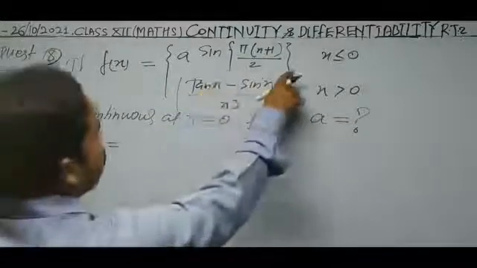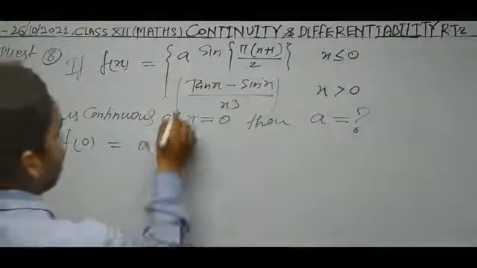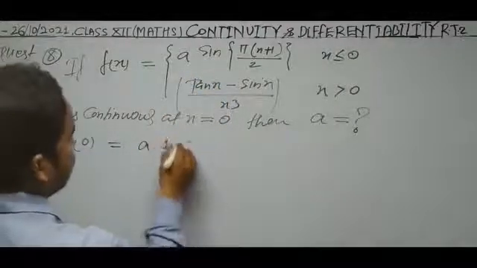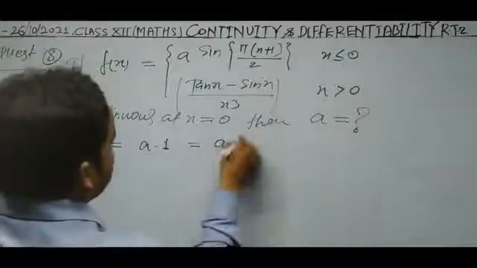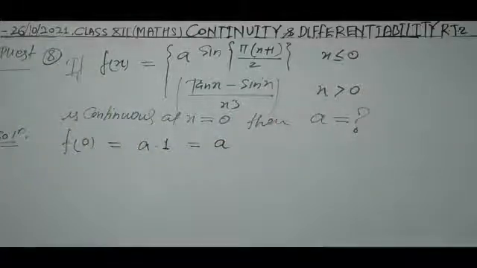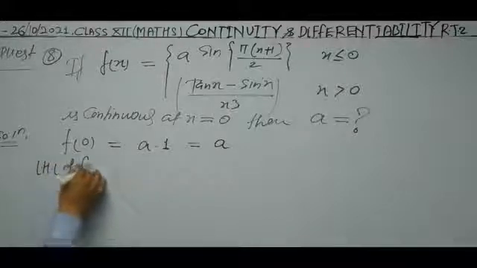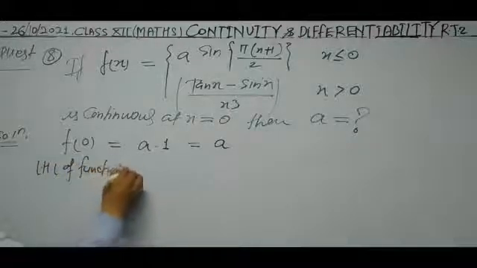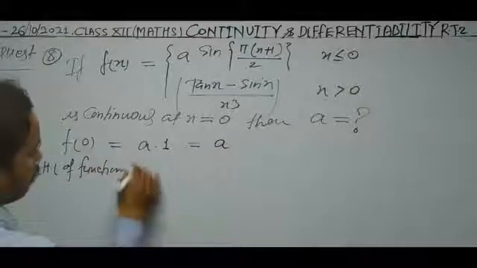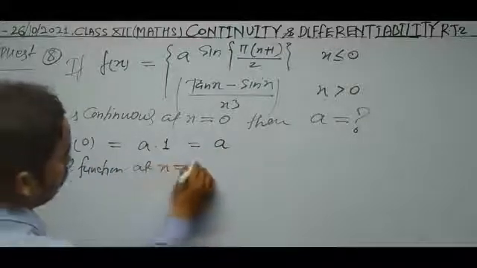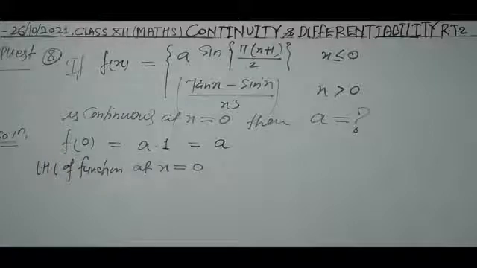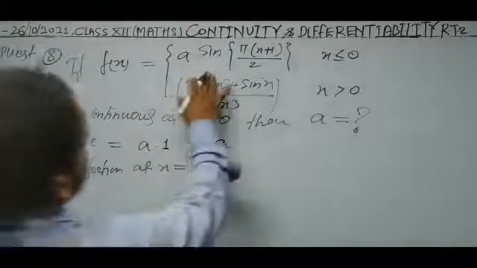When x is equal to 0, you get a times sine of pi by 2, which means 1, and its result will be a. And LHL of the function at x is equal to 0, when you calculate, you will get the same result.